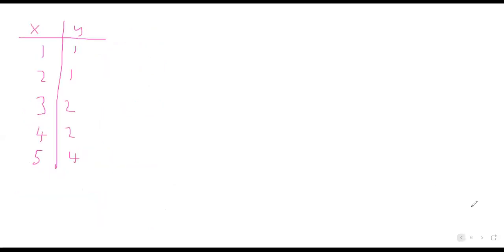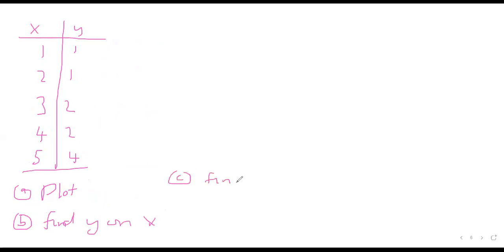Now, we're given this. We are being asked, number 1, plot a scatter plot. Number 2, find y on x. Just telling you to find the regression equation. Number 3, find y if x is what?